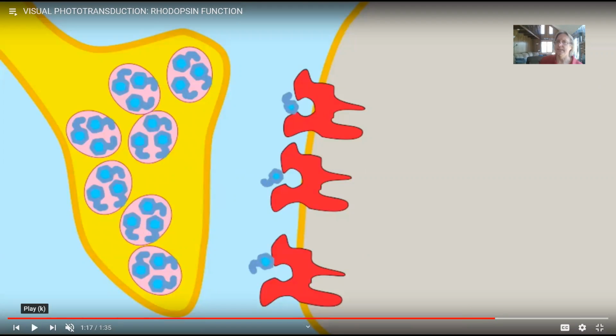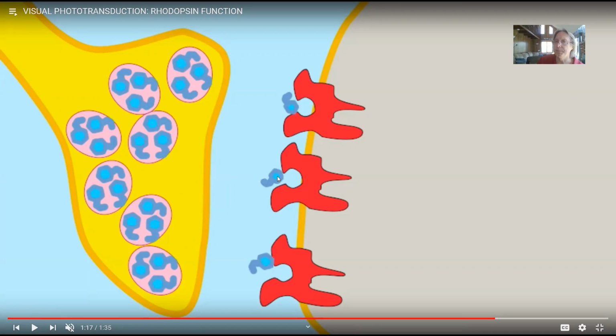But the point is that light causes a change in retinol, which causes a number of changes in the G protein, which causes the activity of phosphodiesterase, which changes the amount of cyclic GMP, which changes whether the sodium gates are open, which changes whether the calcium gates are open, which changes the amount of calcium, which changes the release of neurotransmitter.